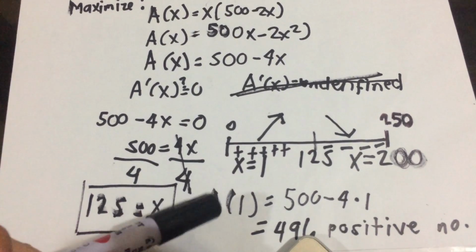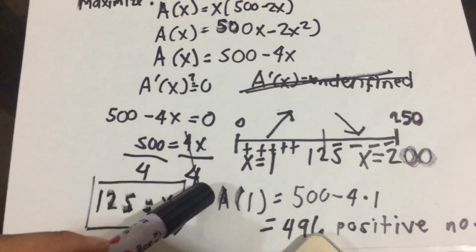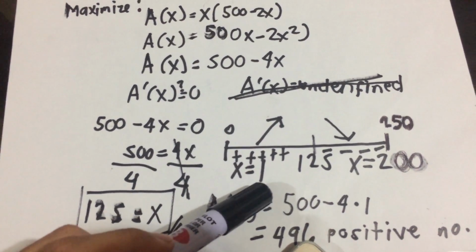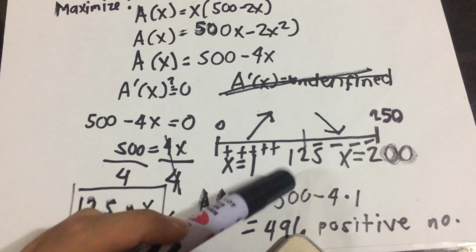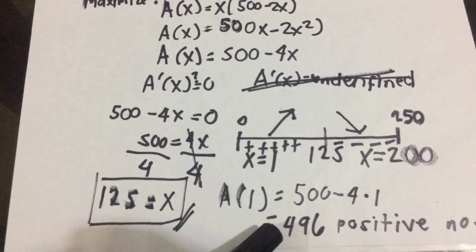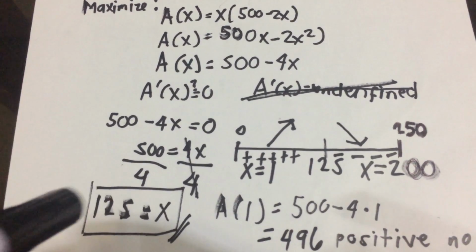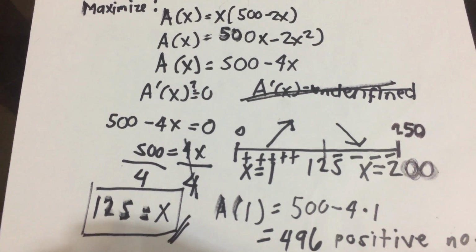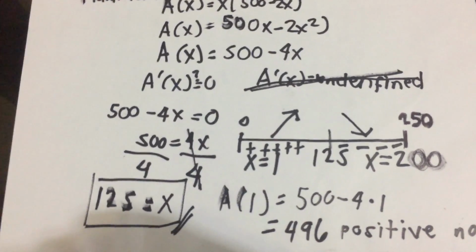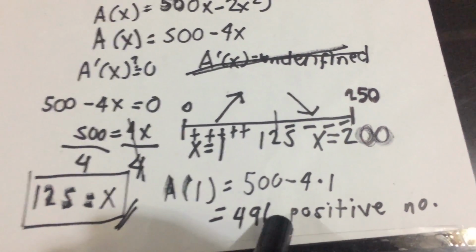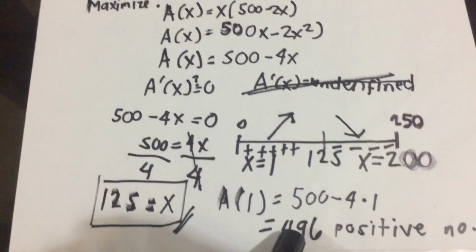So what I get now is the derivative at 1 equals 500 minus 4 times 1. The main thing to catch in this case is 496, which is a positive number.